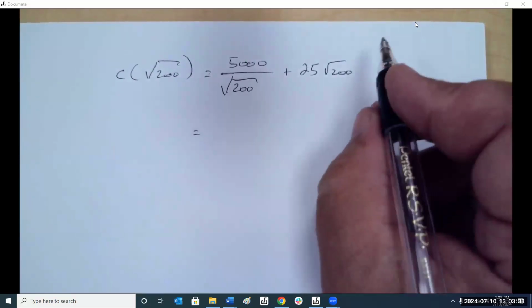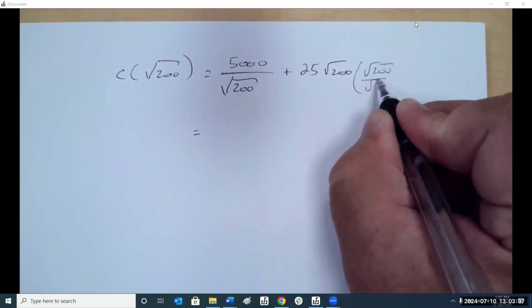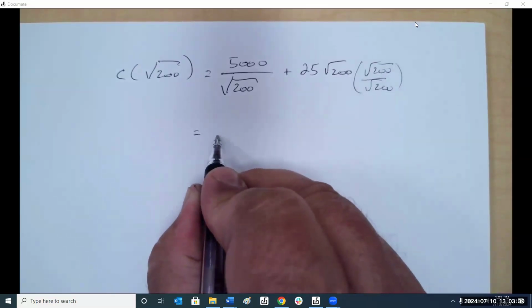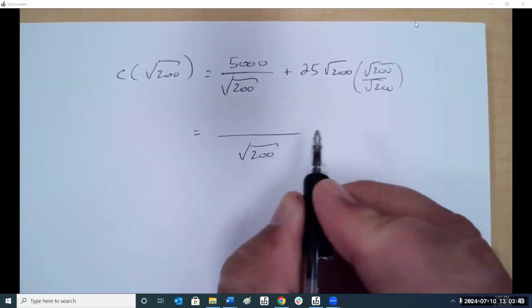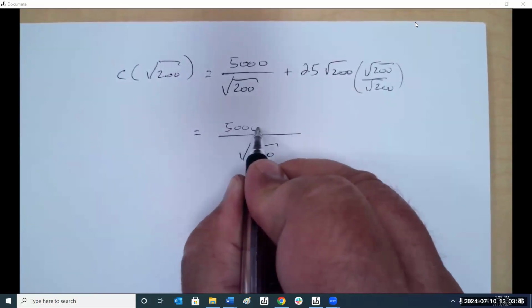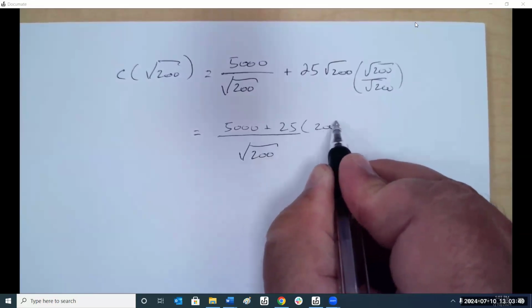We could combine these at a common denominator. We get 5,000 plus 25 times 200.